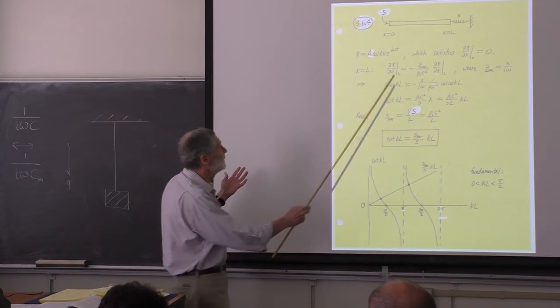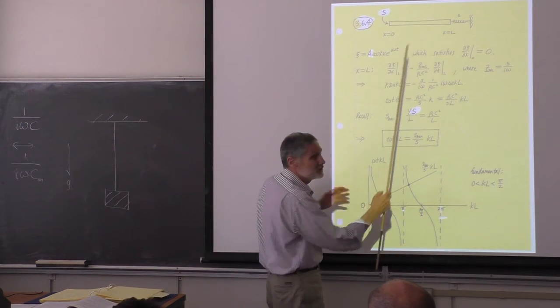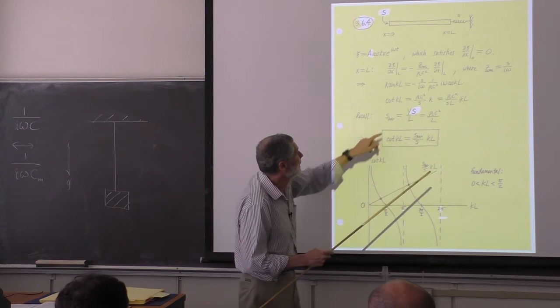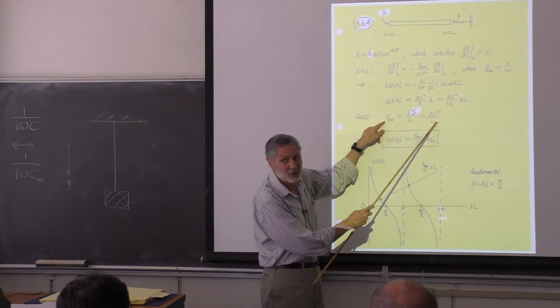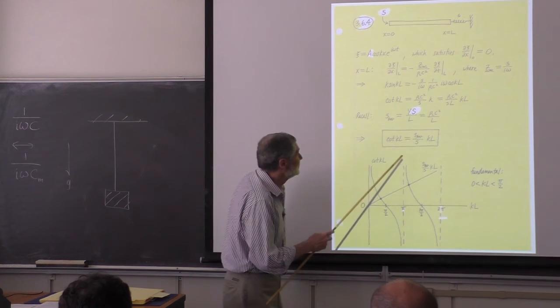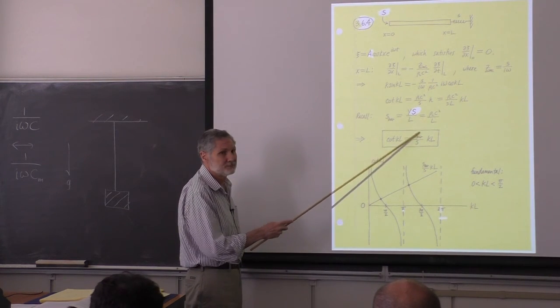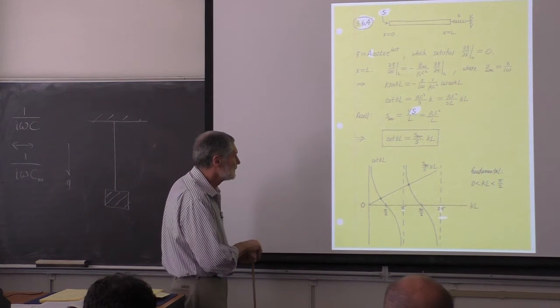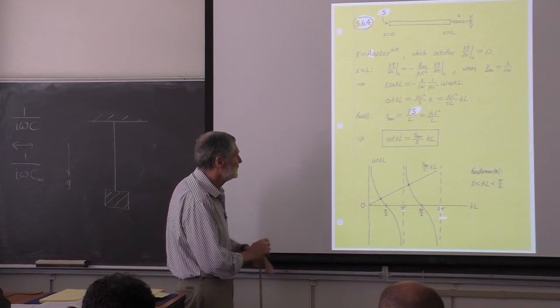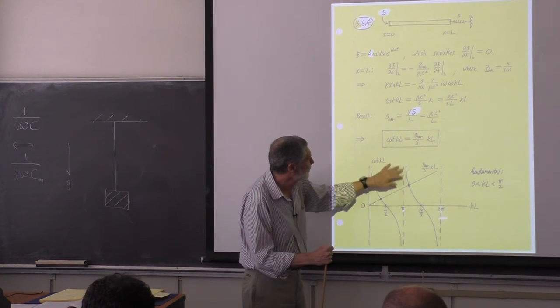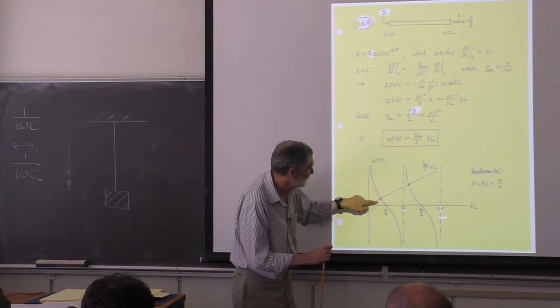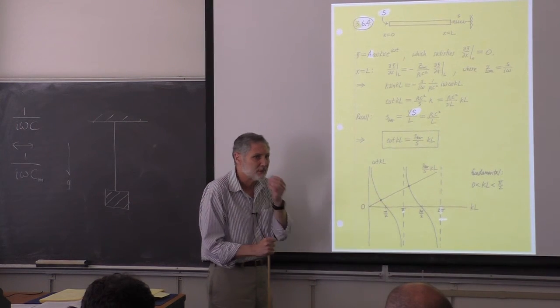And the only other thing around is the stiffness of the bar, which is given by this, like we talked about in lecture, right? And sure enough, when you do this, you see that all that's important is the ratio. So here are the cotangent branches. Here's the linear branch, and the fundamental will be right there.